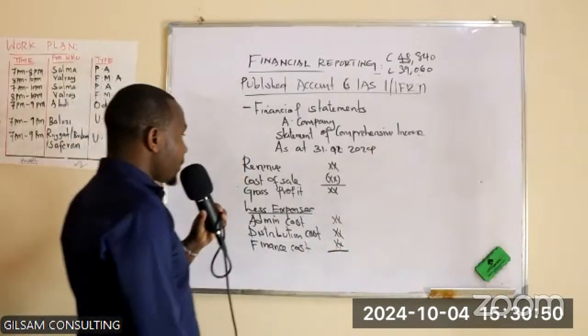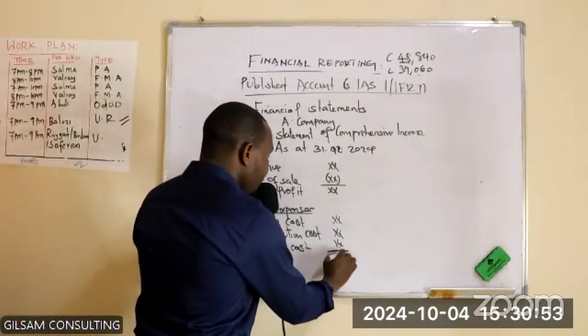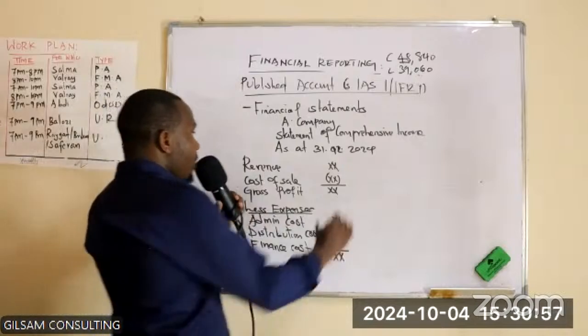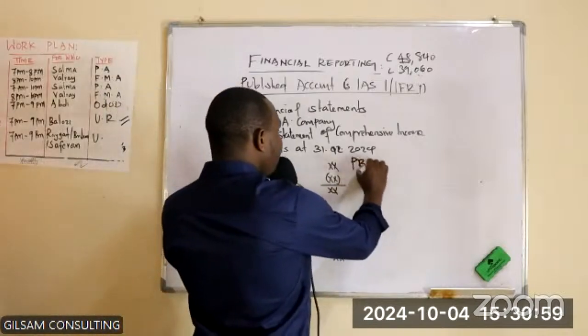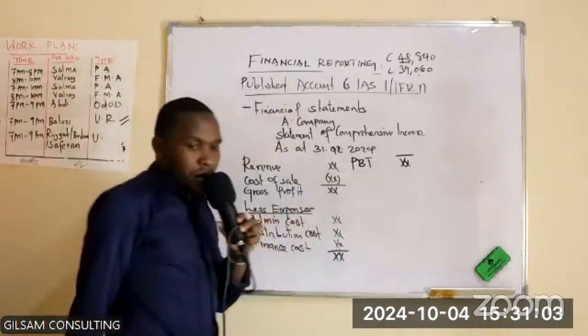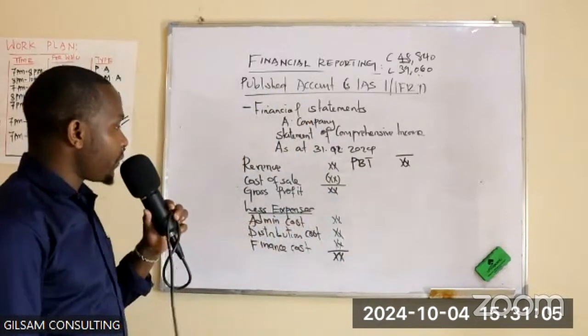That will give you the total expenditure. If you subtract, you get the profit before tax.